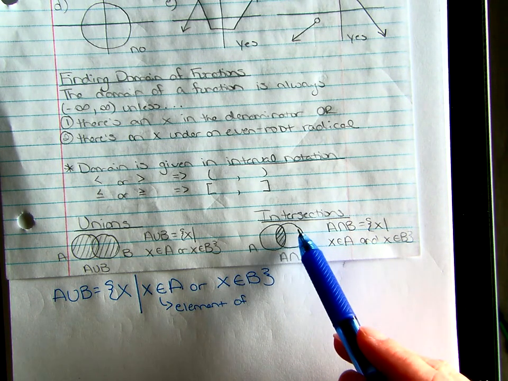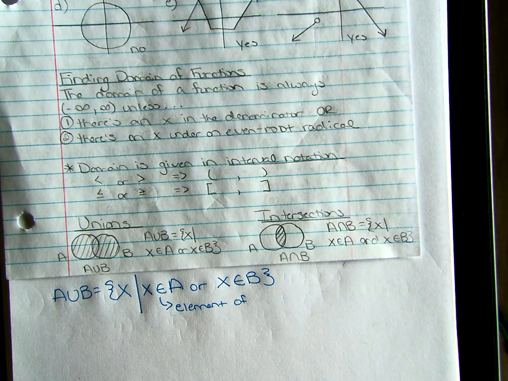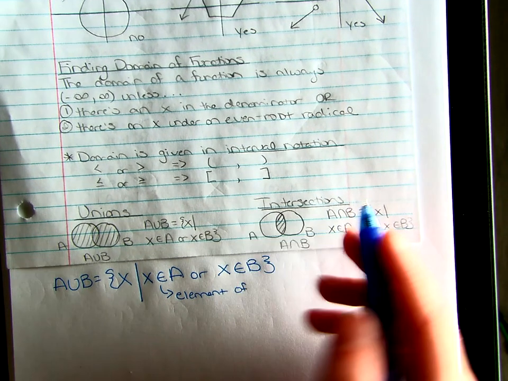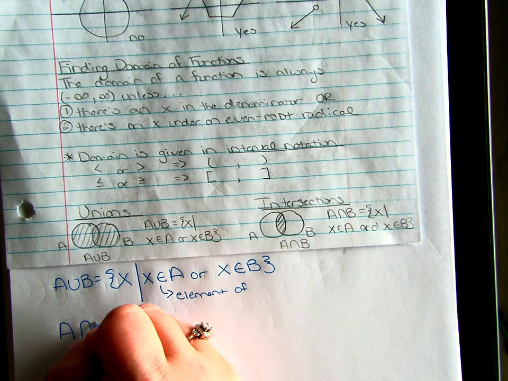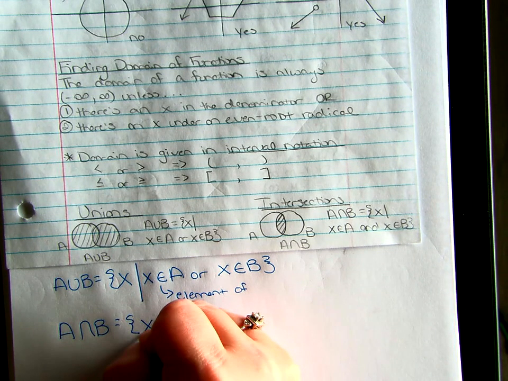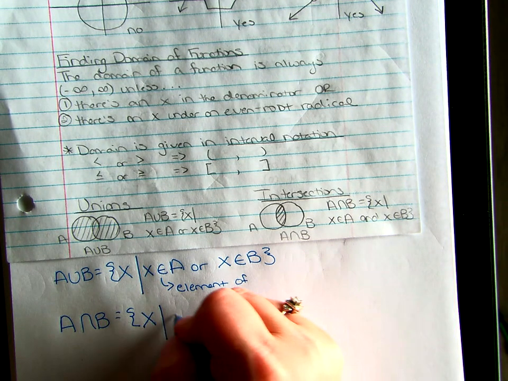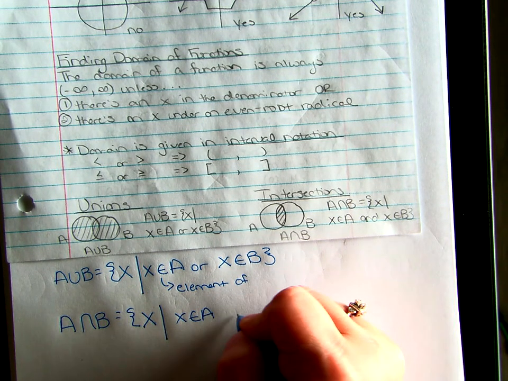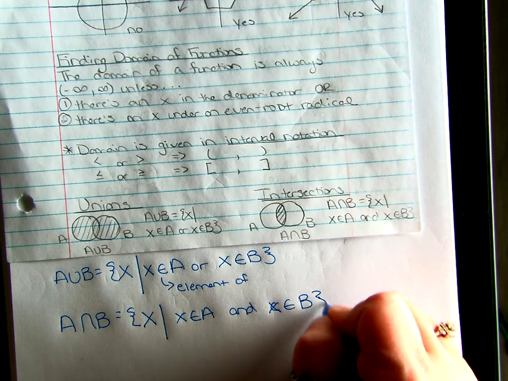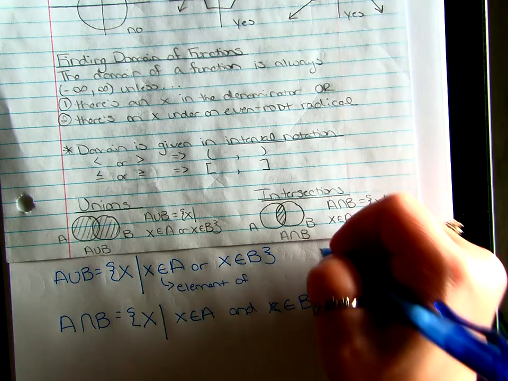The intersection is symbolized with this upside down U. So we have A intersect B is the set of x such that x is an element of A and x is an element of B. Those are the big differences: or means union, and and means intersection.